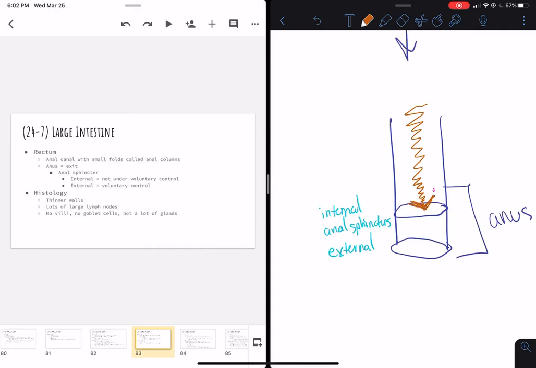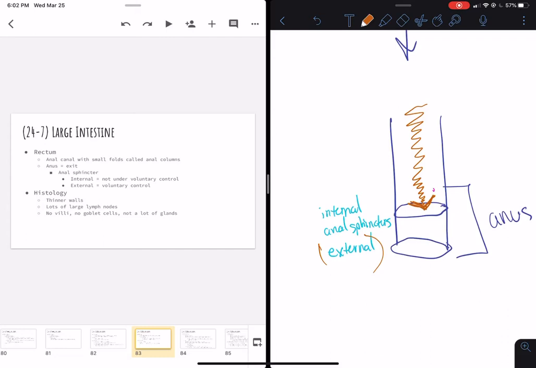And pushing on the internal anal sphincter first will be really important as part of the defecation reflex, but we want it to push on the sphincter that we don't have conscious control of, because then that will alert our consciousness, like, oh, I have to poop, and then we can coordinate our external anal sphincter to actually release the opening of the anus to defecate. We'll talk about that here in an upcoming slide.